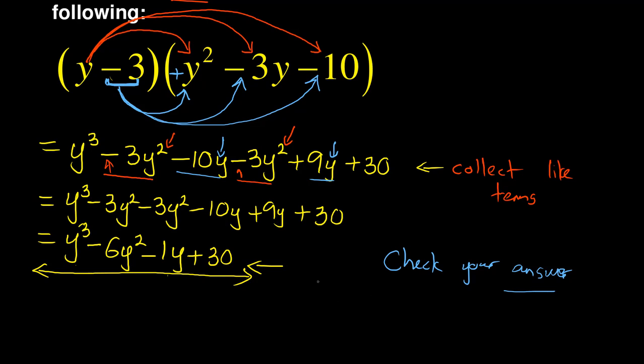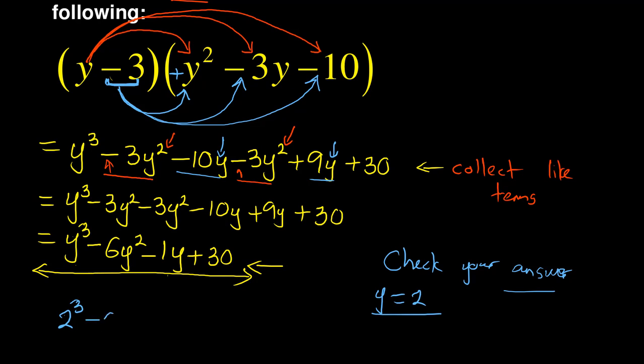What I do is I can choose, for example, to let y be equal to 2. Now I'm going to take my final solution. Where there is y cubed, I'm going to put 2 cubed. I hope you see what I'm doing, because where there is y, I'm now substituting with a 2.